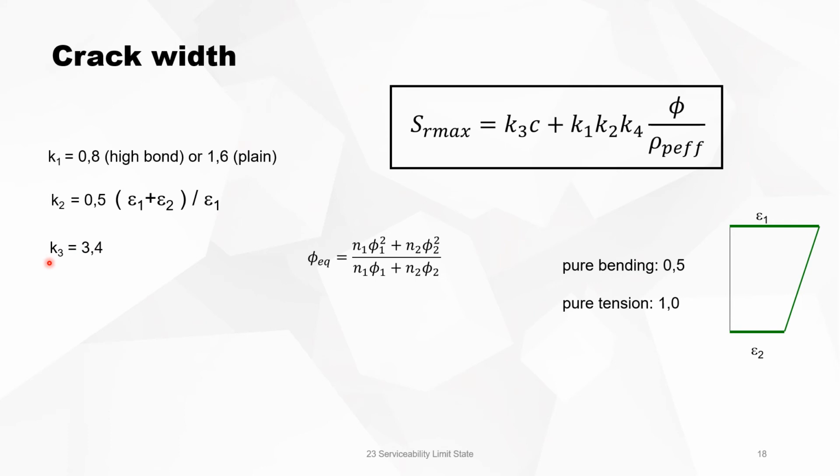K3 is a fixed coefficient 3.4, and K4 is 0.425. And C is the concrete cover, but it's not the actual cover. It's in fact the minimum desired concrete cover C nom. So C must always be bigger or equal to C nominal. And in the formula for crack width calculation, we take C nominal.